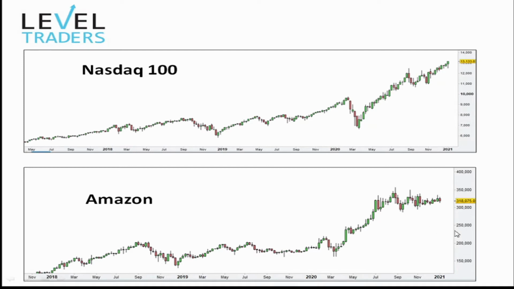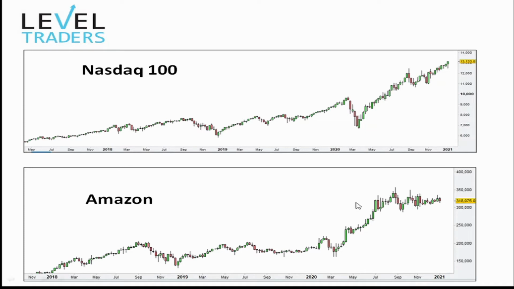Now, the other thing that sticks out here is the size of each candlestick is not the same. What that tells you is the volume, but it also tells you the magnitude of the move. You can see the bars in Q1 last year are quite big, right? So the size of the move was big, and the selling was severe.